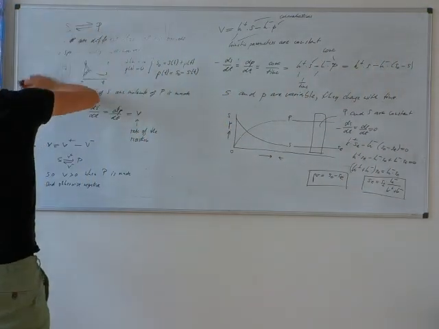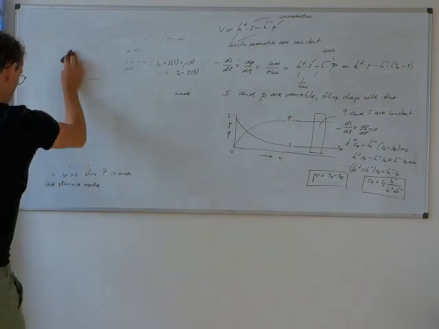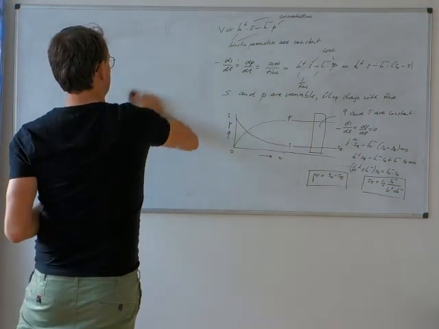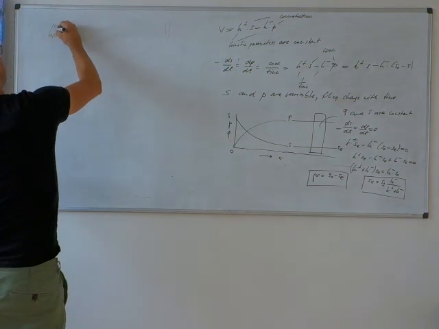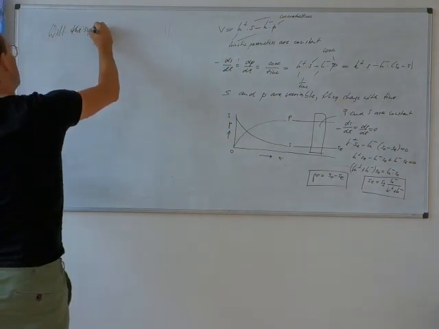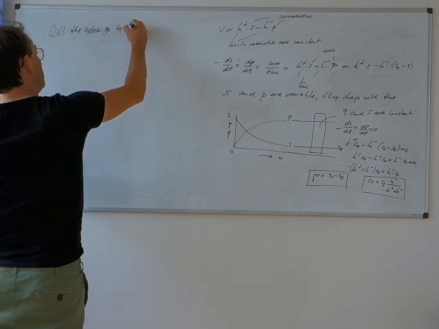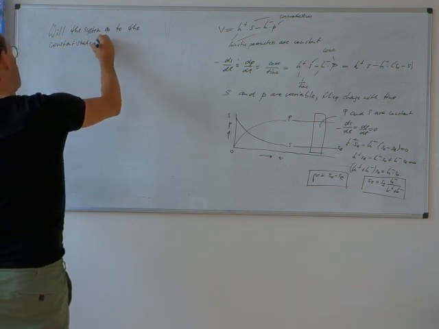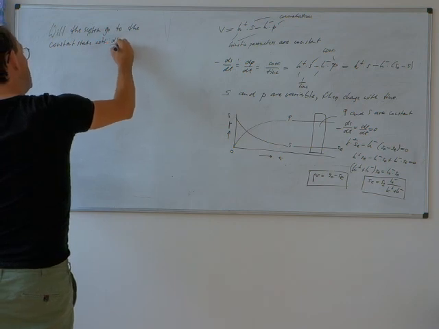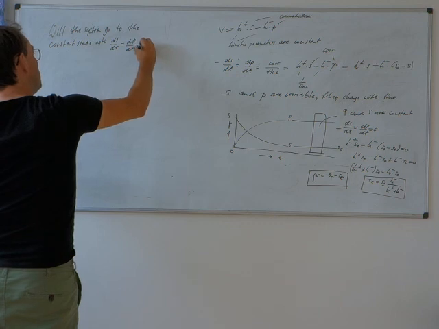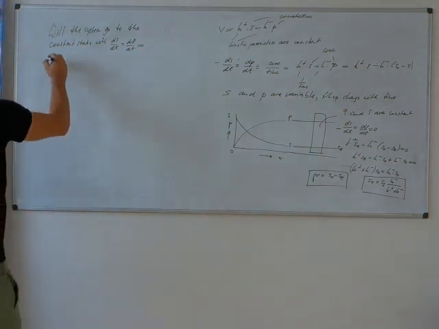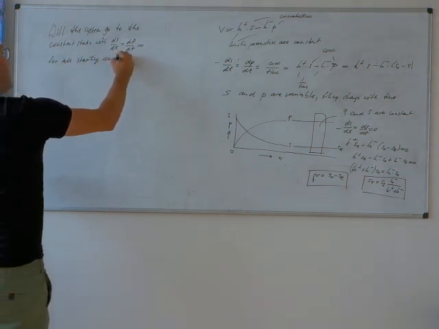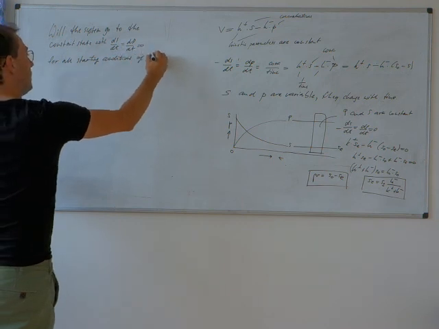And that is, for all starting concentrations of S, will the system always go to this constant state, with dS/dt and dP/dt equal to 0, for all starting conditions of S?